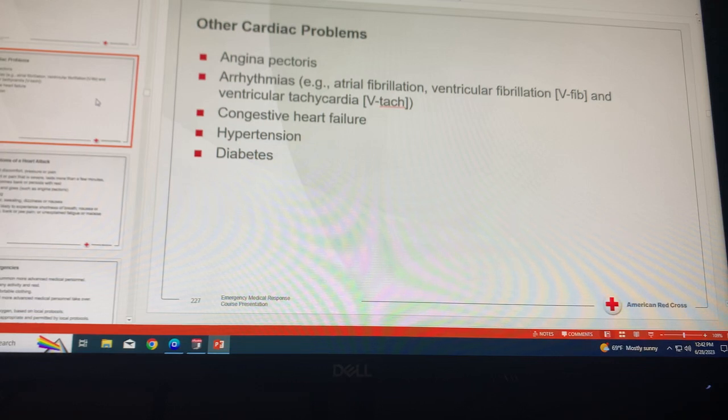All right. So now we have other cardiac problems: angina pectoris, arrhythmias, congestive heart failure, hypertension, and diabetes. So angina. Angina pectoris develops when the heart needs more oxygen than it gets because the arteries leading to it are too narrow.